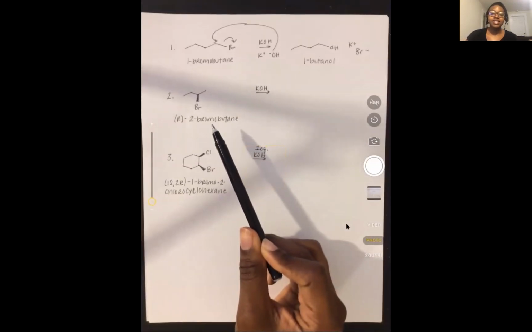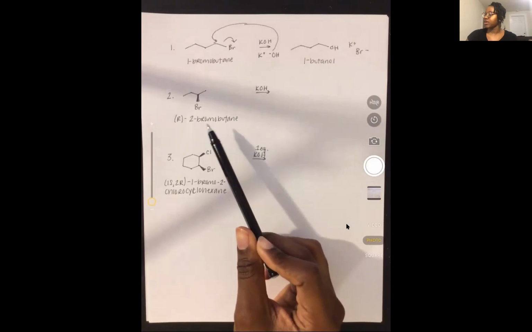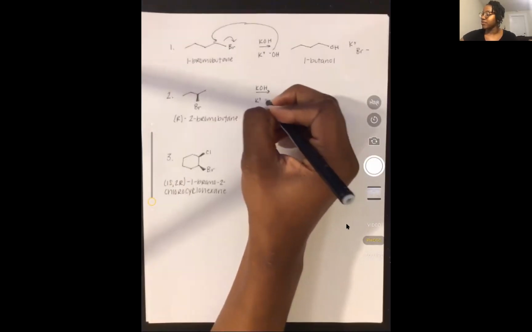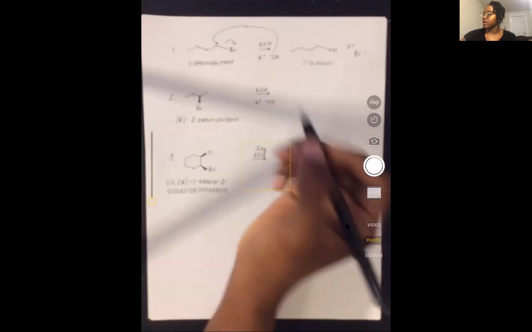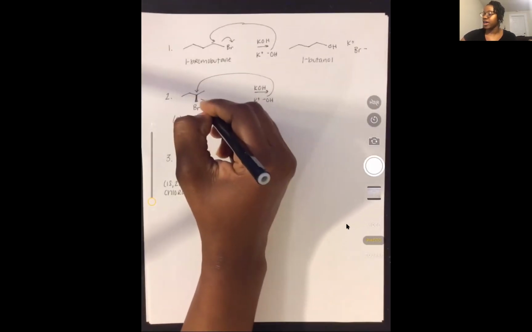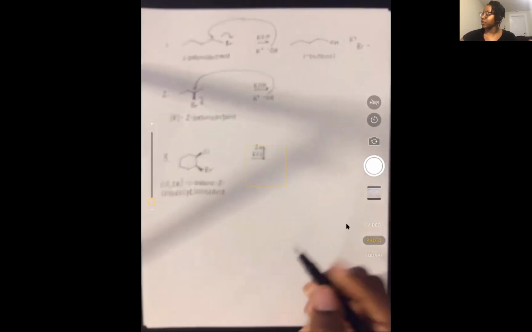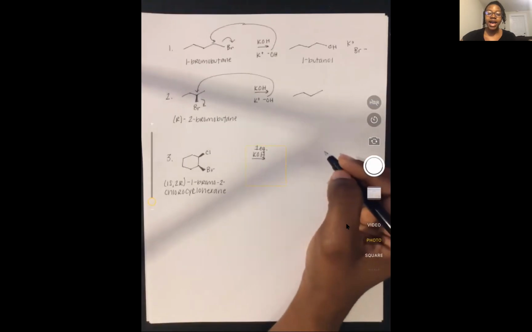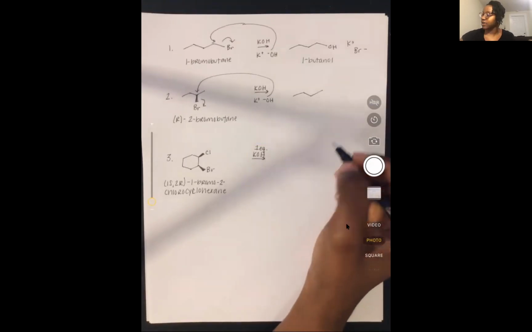In this case, we have a secondary carbon. We have 2-bromobutane. Our nucleophile is still the same. So this is going to attack at a 180-degree angle and knock off our bromine. We are again going to end up with an alcohol. However, this one is going to be slightly different.